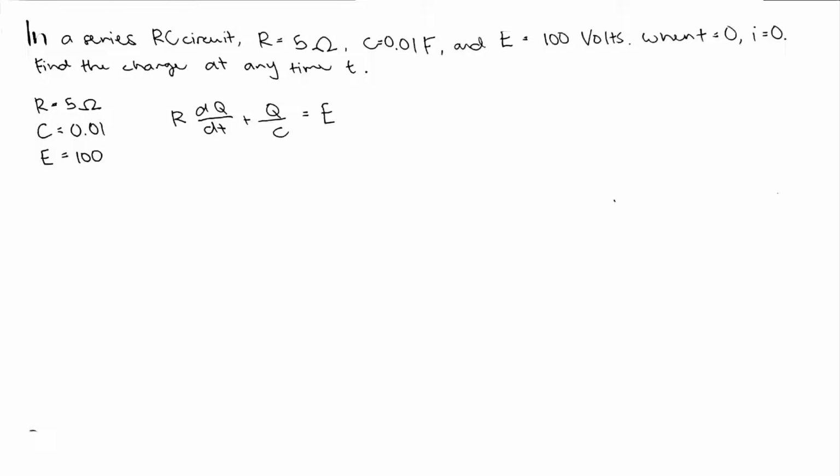We should write again the equation R dq over dt plus q over C is equal to E. We substitute the givens to the equation. We will have 5 dq over dt plus, we don't have the q value because q is changing in terms of time, so q over 0.01, which is the capacitance C, equals 100.